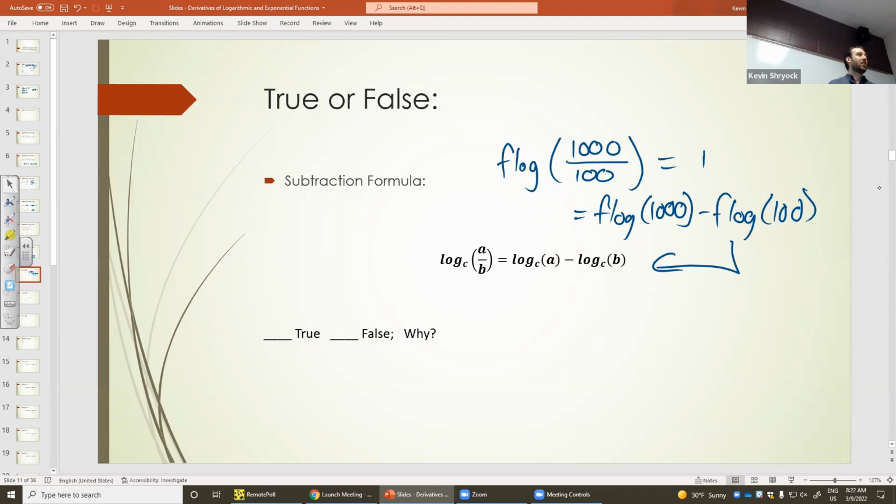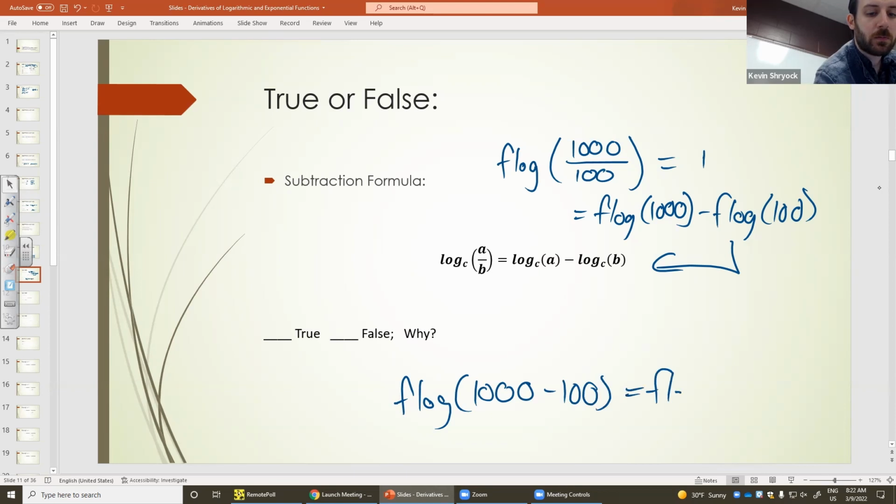Does it now make sense why if I'm subtracting on the inside, it's not okay to do division on the outside, right? Is that true?